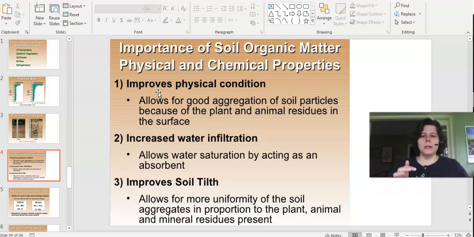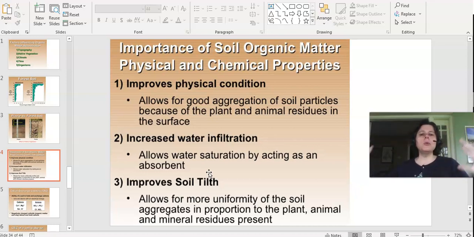It also increases water infiltration, allows for water saturation by acting as an absorbent. This organic material will absorb some of that water. And we talked about field capacity. Remember, we talked about field capacity, and availability and wilts and all that stuff last time.